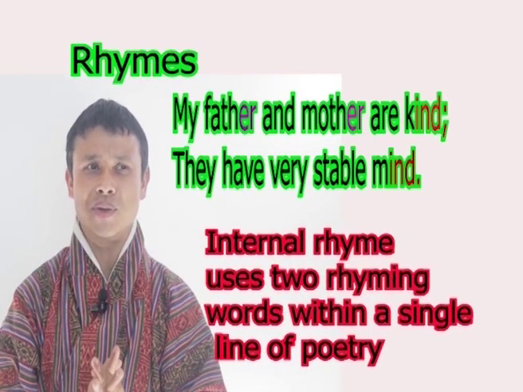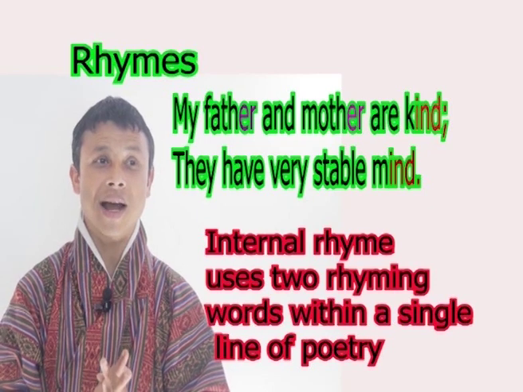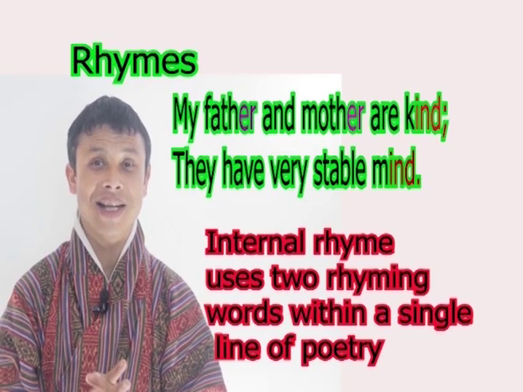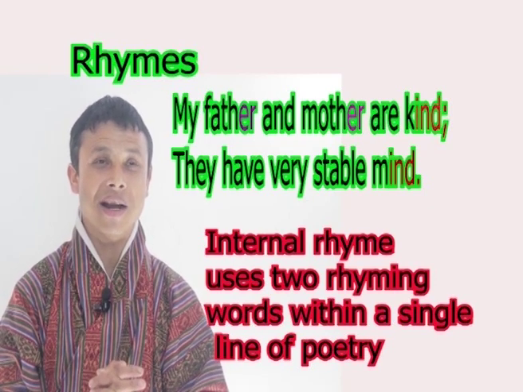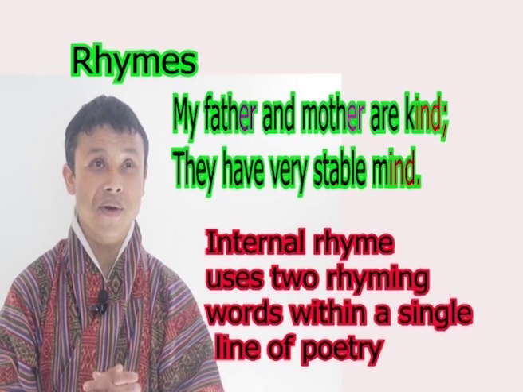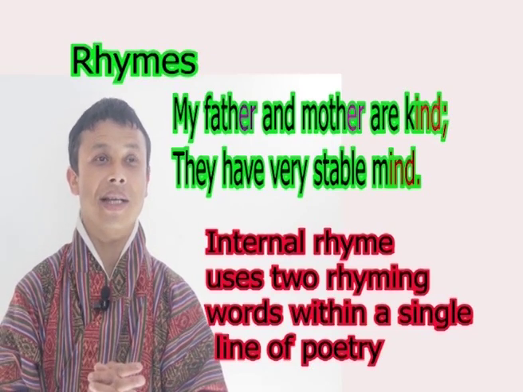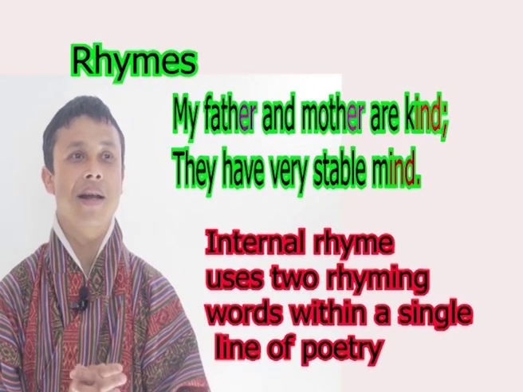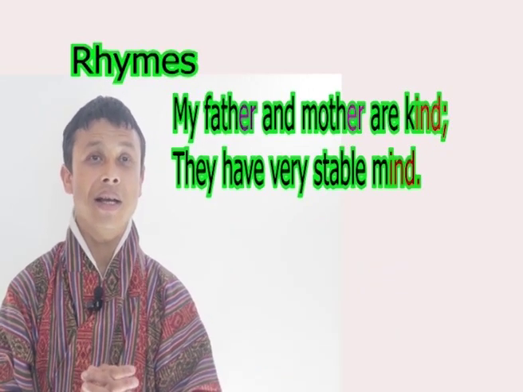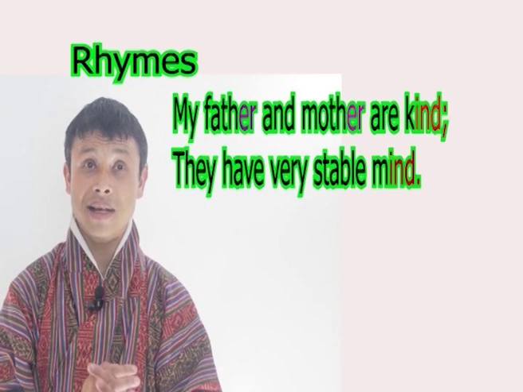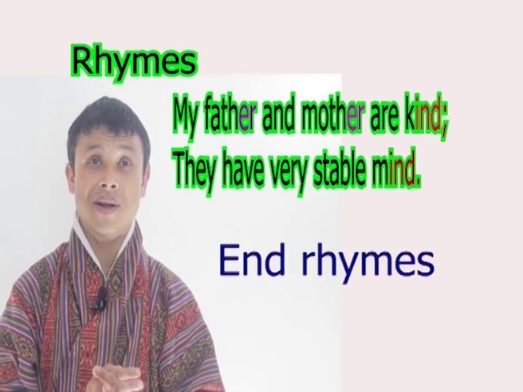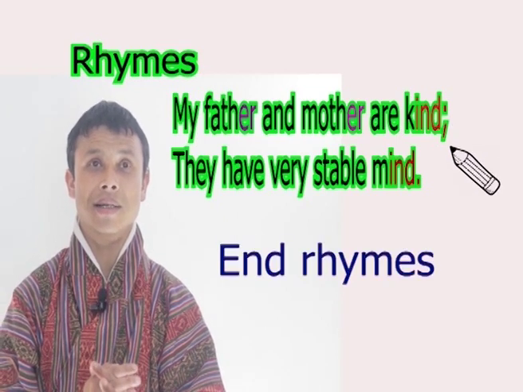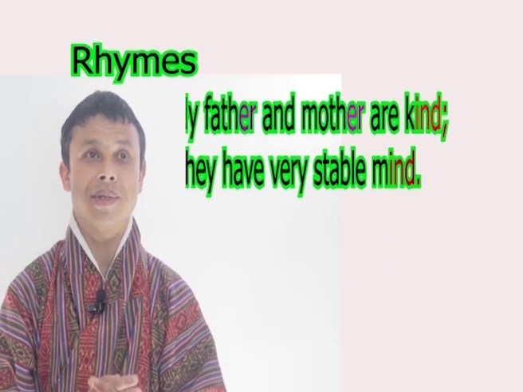Let's look at what is internal rhyme. Internal rhyme uses two rhyming words within a single line of poetry. Within a single line, if there are repetitions of same sound at the end of the word, they are internal rhymes. And the words like kind and mind, they rhyme at the end of two lines. They are end rhymes.